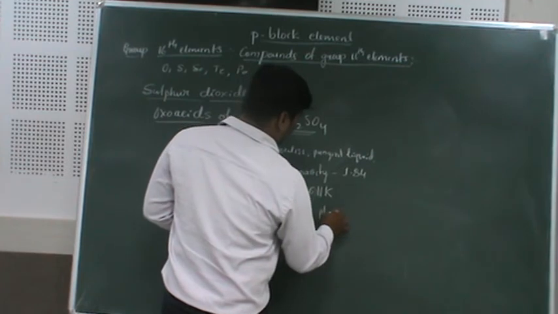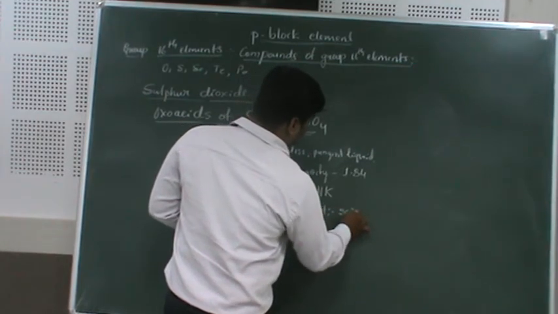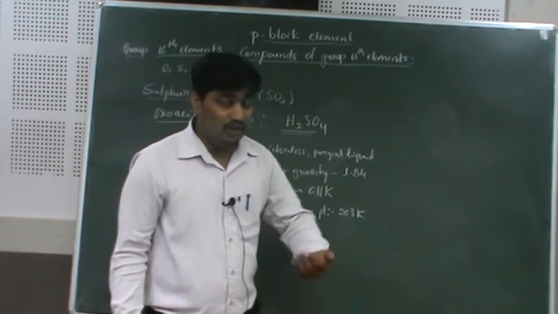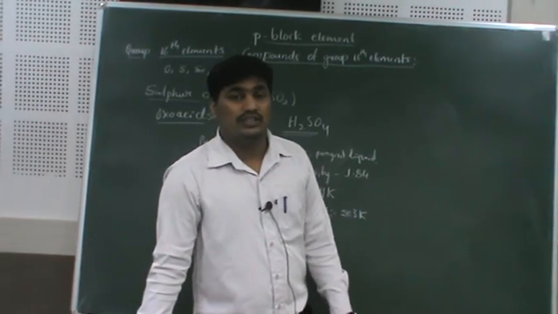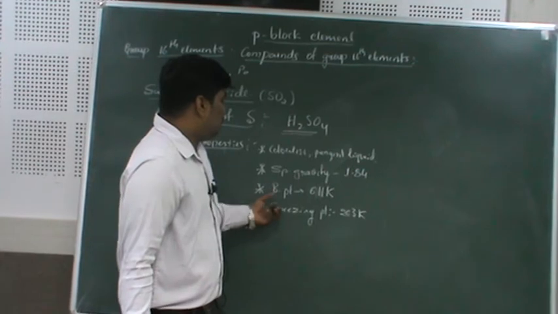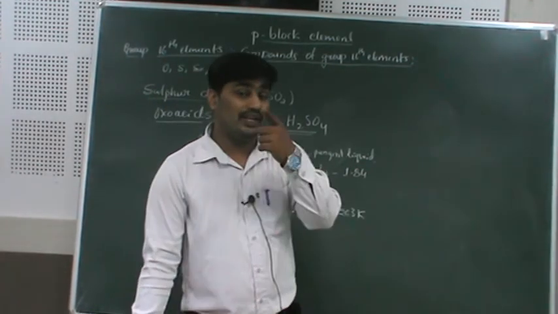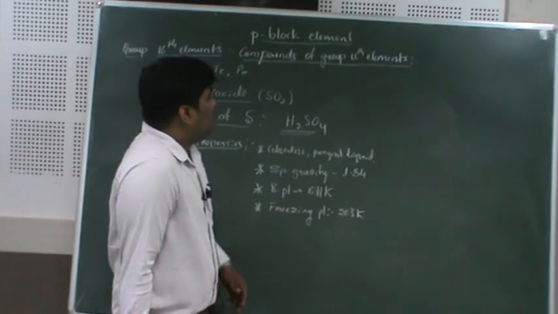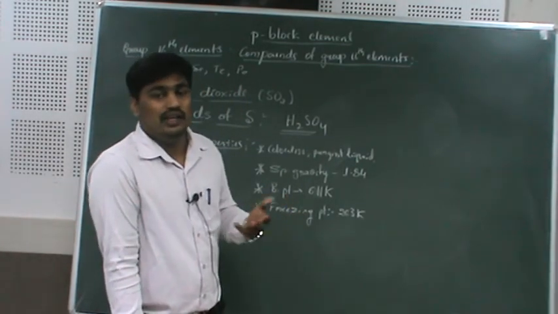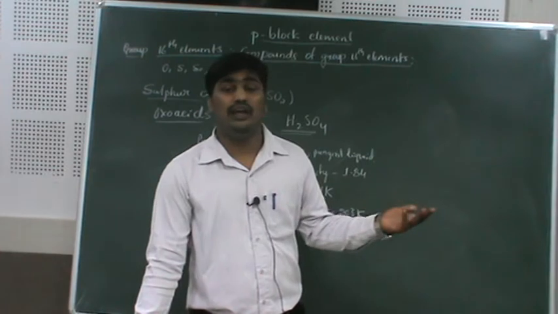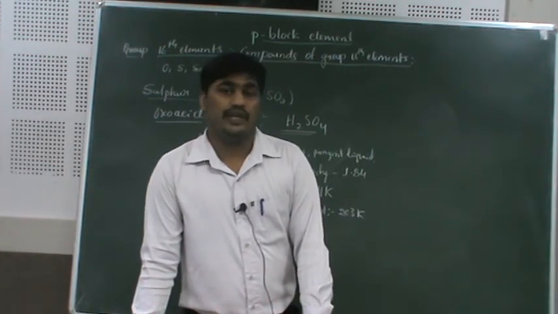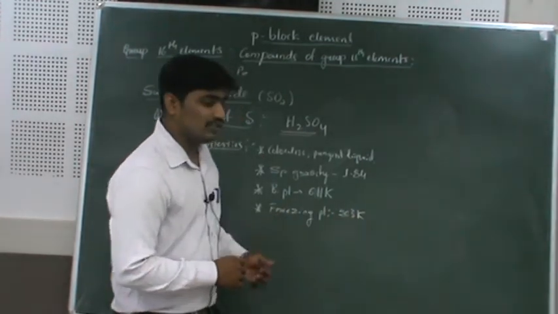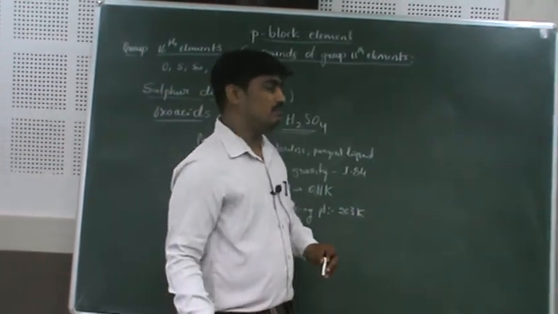Therefore it acts as a good solvent. Sulphur dioxide is also a good solvent, sulfuric acid is also a good solvent. But the chemical property of sulfuric acid is entirely different from sulphur dioxide. Sulphur dioxide is a good reducing agent, but sulfuric acid is a good oxidizing agent.